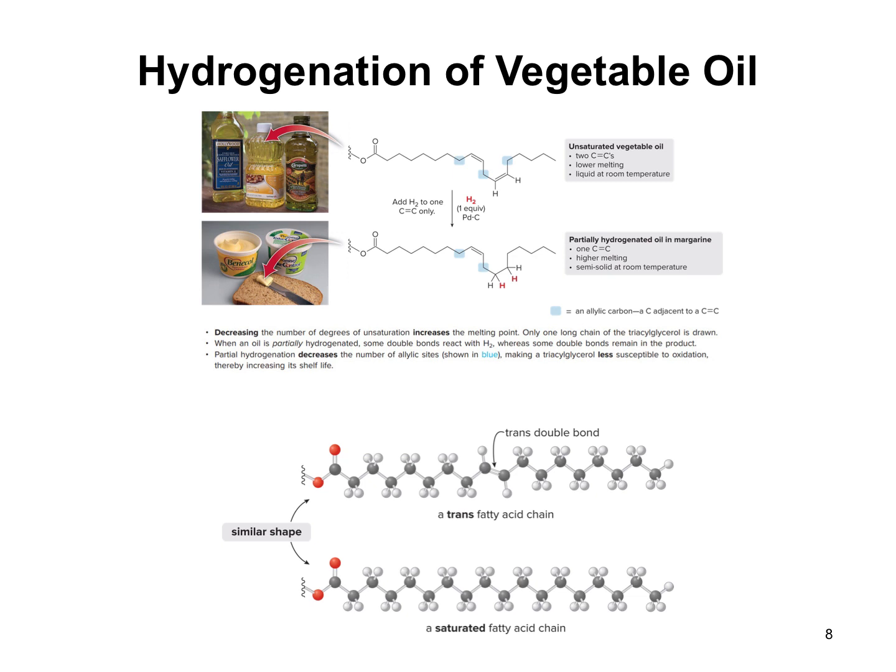When this happens, it increases the melting point of the oil so that now it's a solid at room temperature and it can be spread and therefore can be used as margarine. So margarine is prepared by partially hydrogenating the vegetable oils to give a product that will really closely resemble butter.